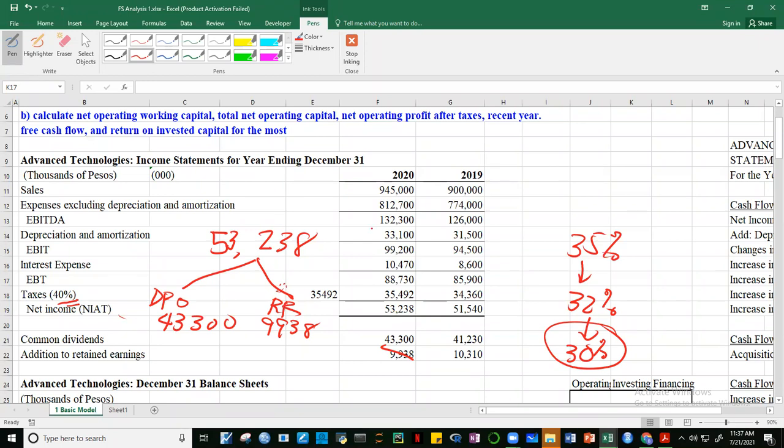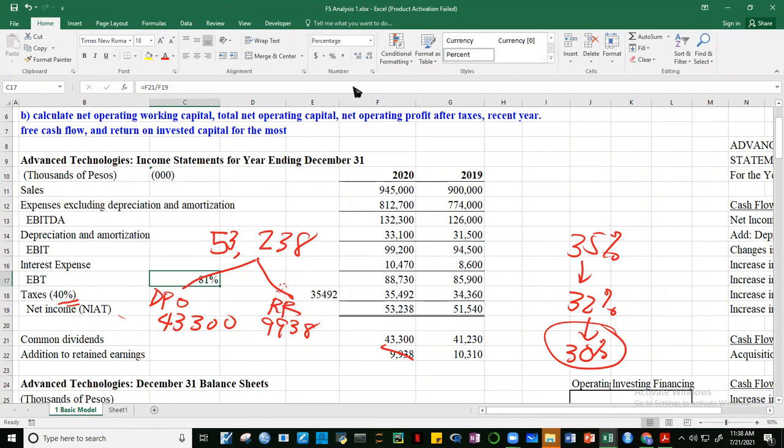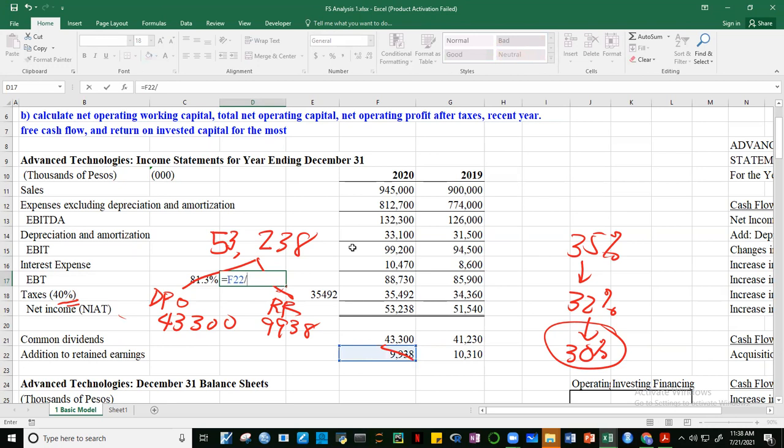So if we check, the dividend payout ratio is 43,300 out of the 53, that's 81.3%. The retention rate is the opposite: they retained only 9,000 divided by 53, so that's around 18%.